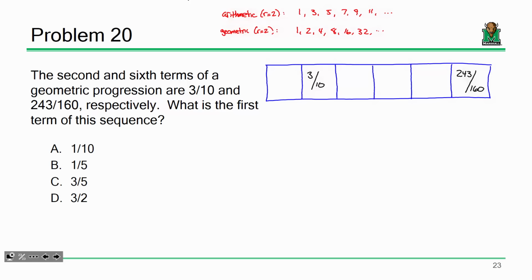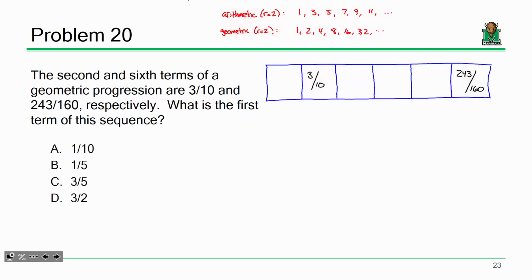Now, I want to go to page 30 of the manual. So we're doing a geometric progression, okay? Now, the first term is A, okay?